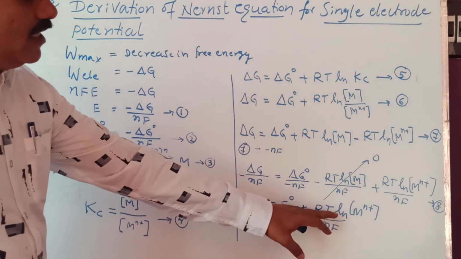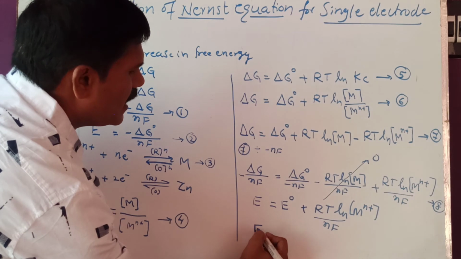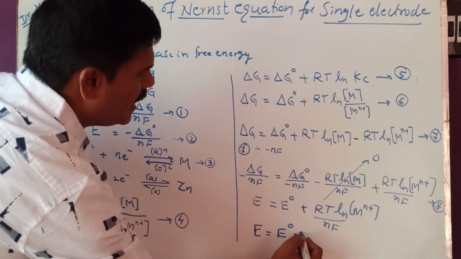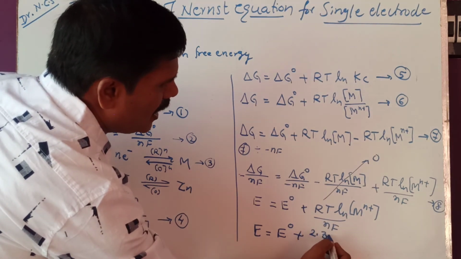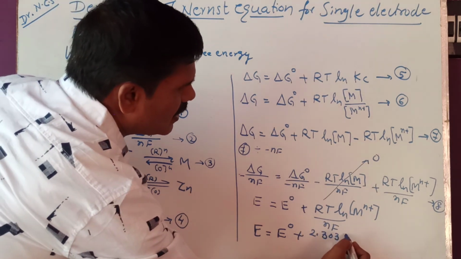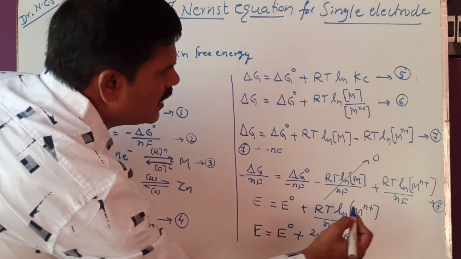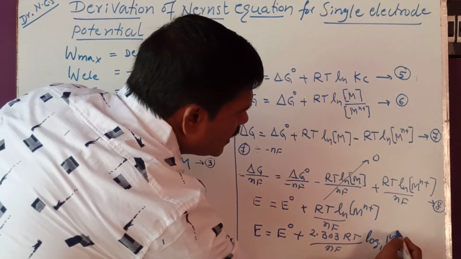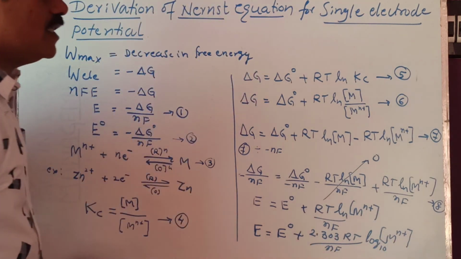Let us convert the natural log into log base 10. That gives you E is equal to E naught plus, if you want to convert natural log into log base 10, you have to multiply by 2.303 RT divided by NF, log base 10 concentration of M^n+, M raised to n number of positive charges.